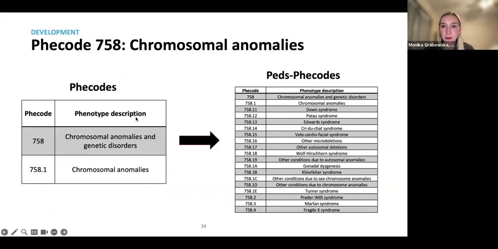As an additional example, in the original phecodes, for the phenotype of chromosomal anomalies, we only had 2 very vague representations of that phenotype. Whereas in the pediatric phecodes, we were able to expand that and capture specifically which chromosomal anomalies were there, whether that be Down syndrome, Patau syndrome, or Edwards, and get a more granular signal for those phenotypes.